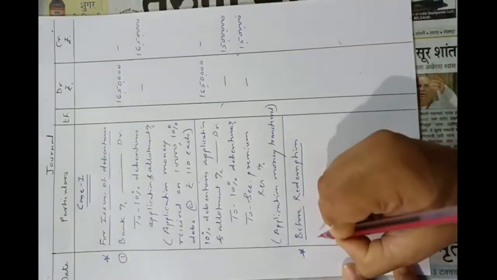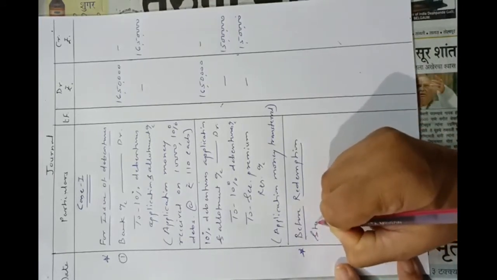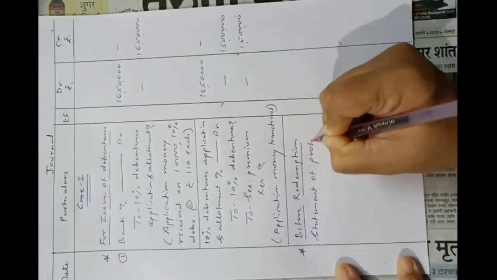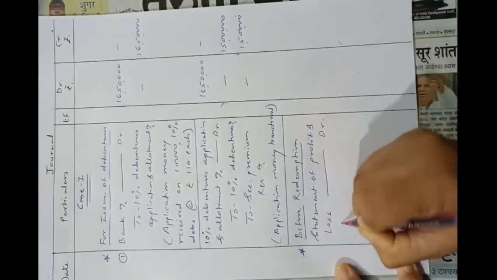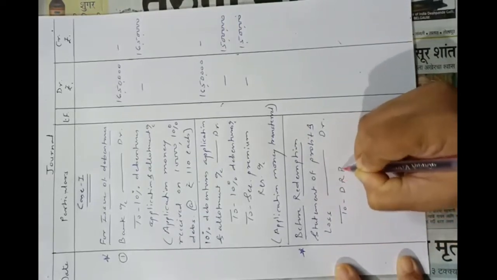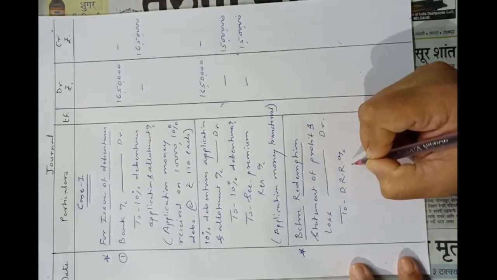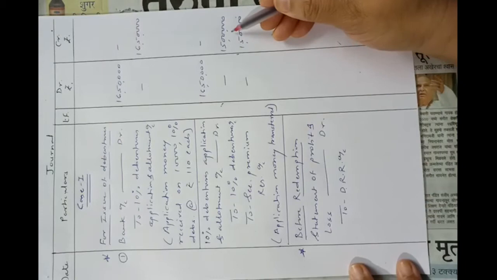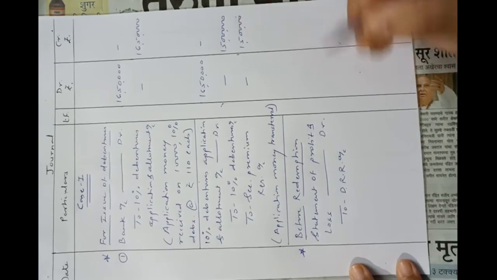So first entry will be statement of profit and loss account debit to DRR account, that is debenture redemption reserve account, and the amount will be 25% of 15 lakhs. Okay, so 25% of 15 lakhs will be 3,75,000.